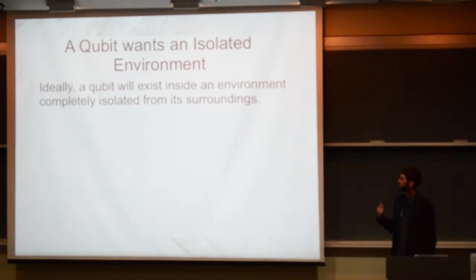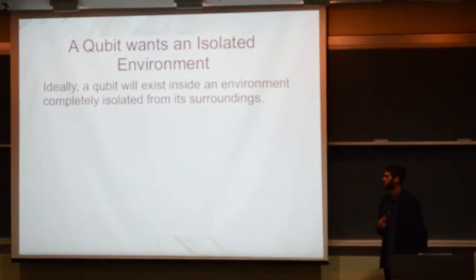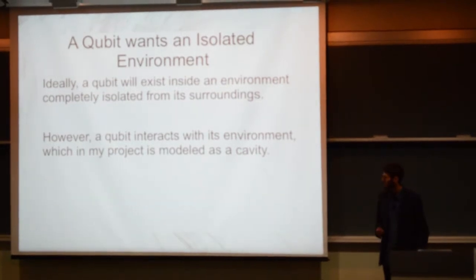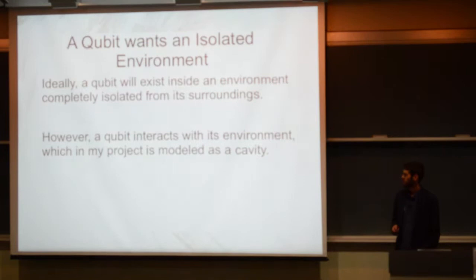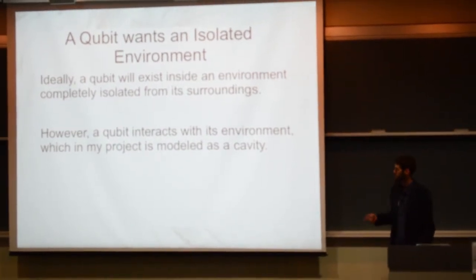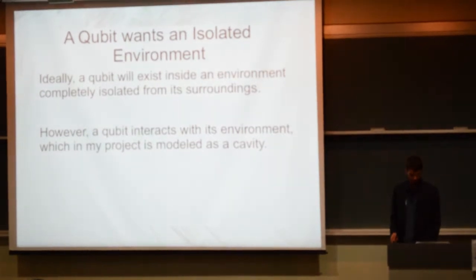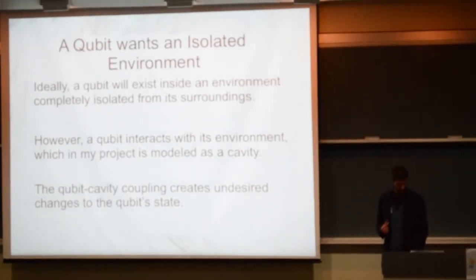Okay, so ideally a qubit in its physical system will exist in an environment very sheltered from outside noise. This is never really the case. It always interacts with its environment. In my project, I modeled the environment as a cavity, which is a harmonic oscillator, for those of you who know what that is.